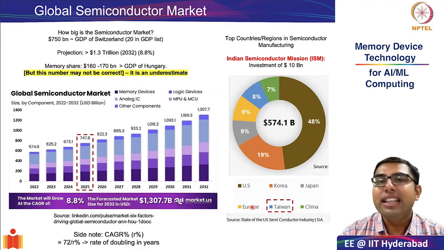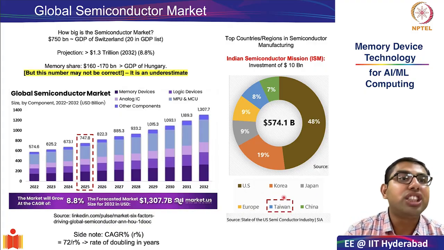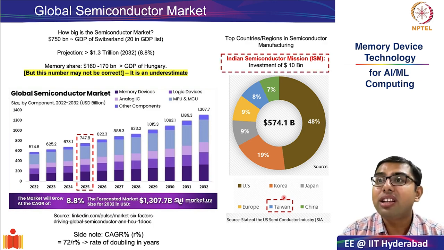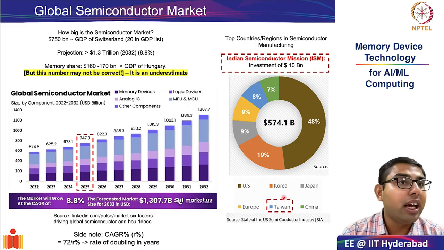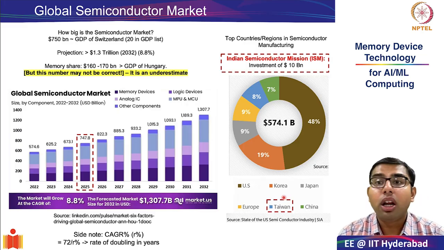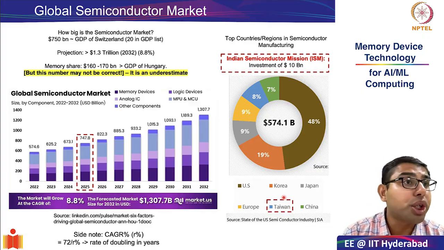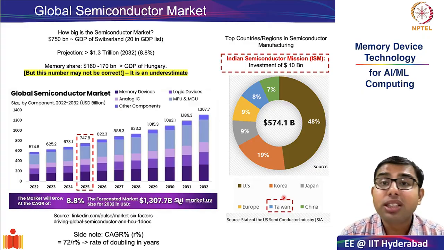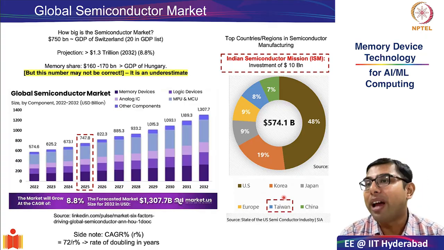So this is the target that we want to achieve through the latest Indian Semiconductor Mission. The government of India has now invested to the tune of $10 billion to make sure that India can become self-reliant in the area of semiconductor manufacturing.